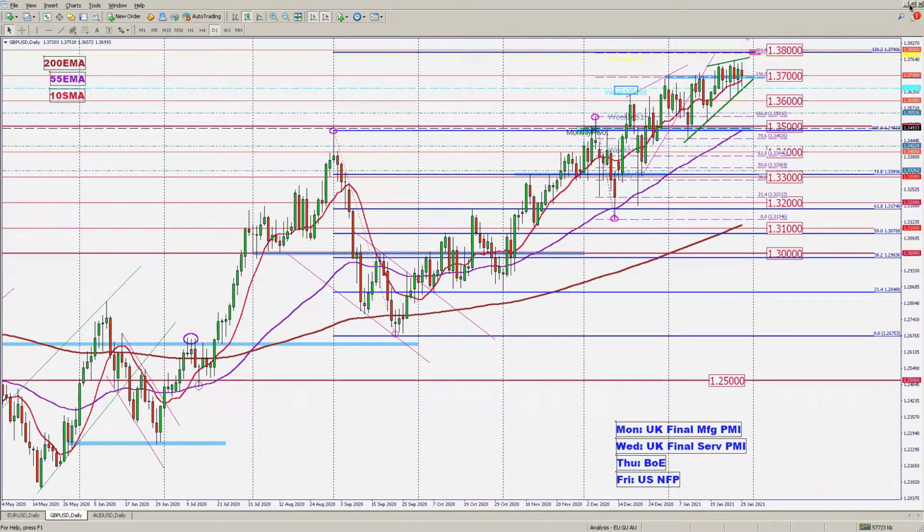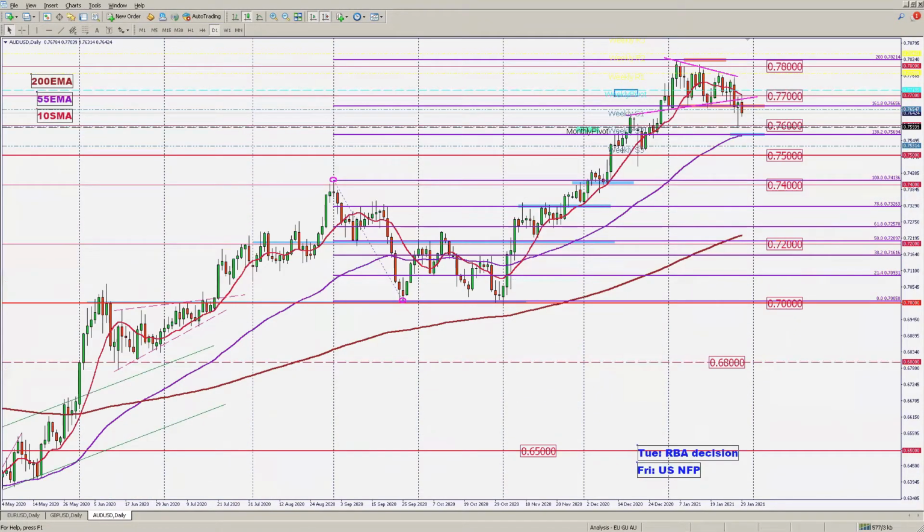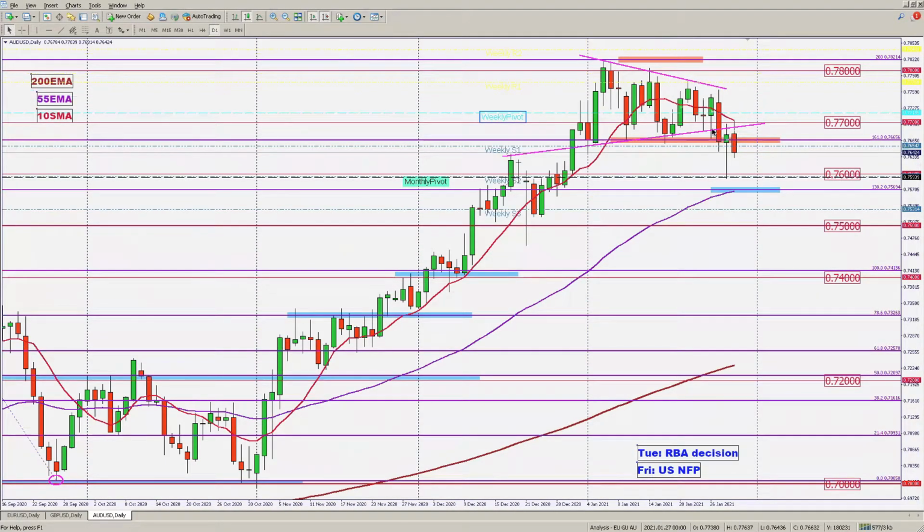Okay, let's move on to the Aussie dollar. The Aussie dollar has already fallen below the triangle and fell to test the 0.76 support level, right where the monthly pivot is, as well as the weekly S2 pivot.